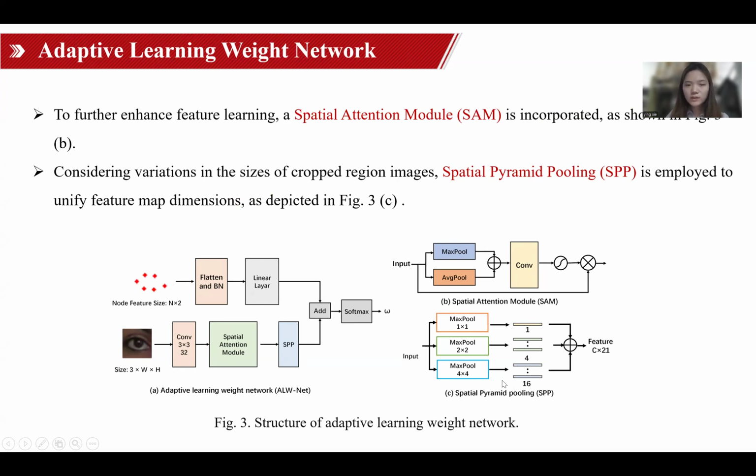In SPP, pooling layers with sizes of 1x1, 2x2, and 4x4 are employed to compute the features, and a fixed-size feature vector C21 is outputted after the concat. ALWNet evaluates the degree of alignment between graph node shapes and their corresponding regions in the image to determine occlusion levels, reducing output weights for regions with low alignment.